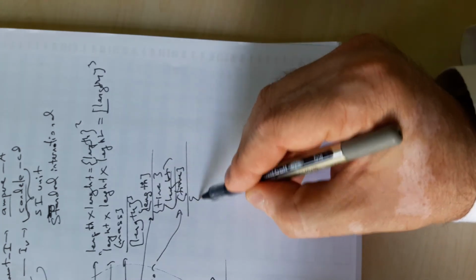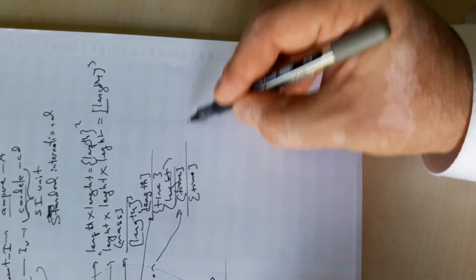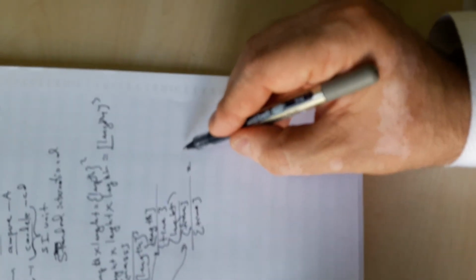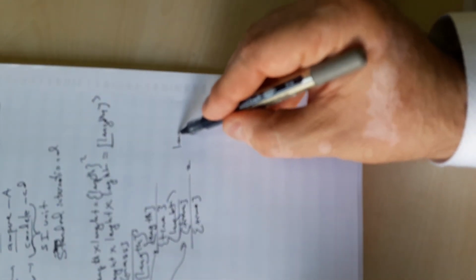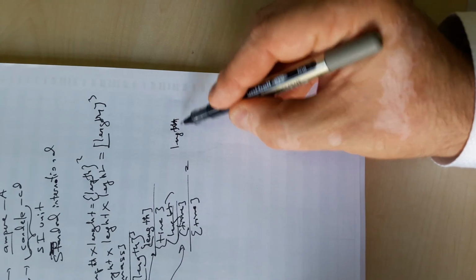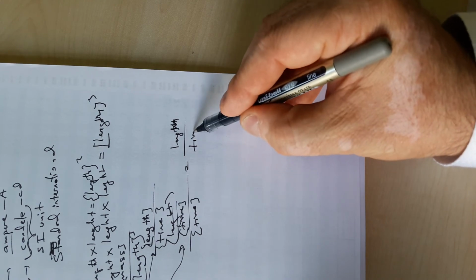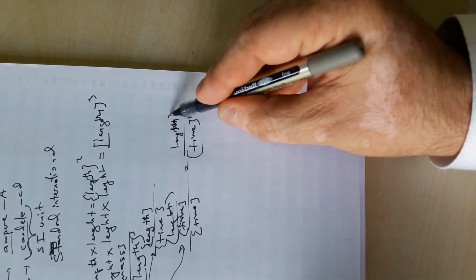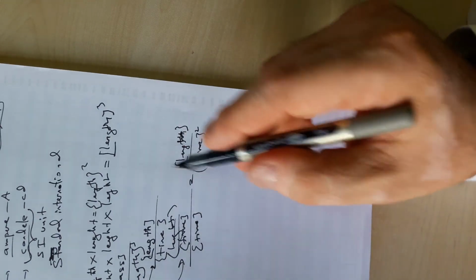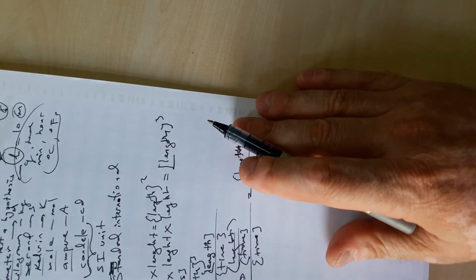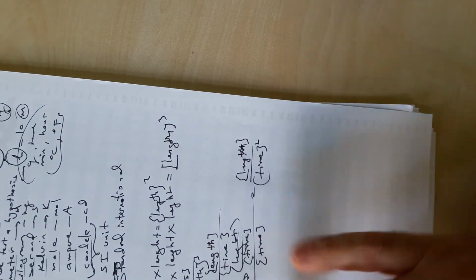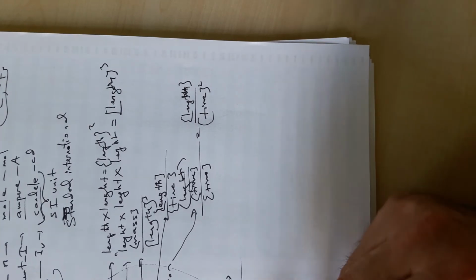If we divide it once again by time, we get the dimension of acceleration as length divided by time squared. So these are the ways to write the dimension of a physical quantity, and these physical quantities are generally derived quantities.